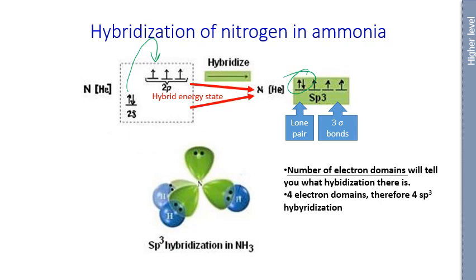The number of electron domains will tell you what hybridization there is. So if you have 4 electron domains, therefore you would have sp3 hybridization, because this lone pair on the nitrogen adds up as one of the electron domains. Okay, so you'd end up with a tetrahedral shape with one of the electron domains being filled up with that non-bonding pair of electrons.